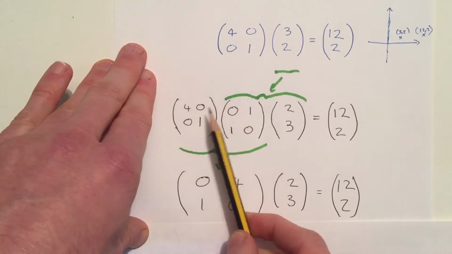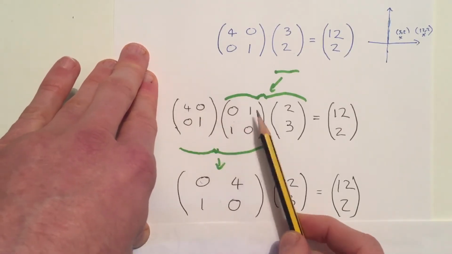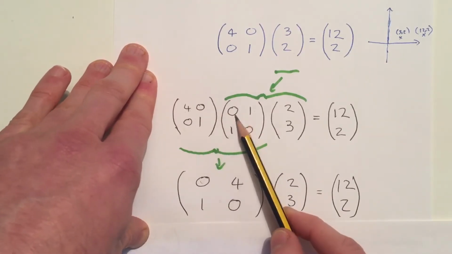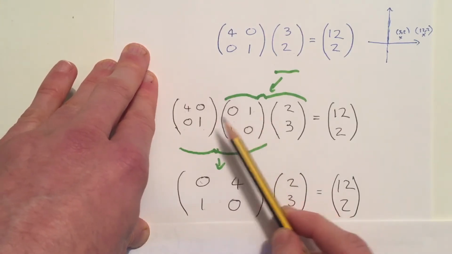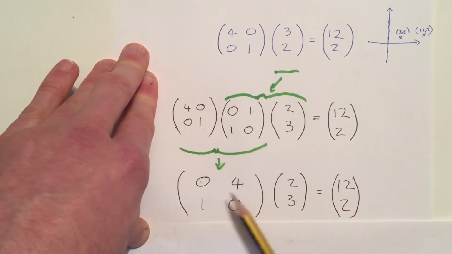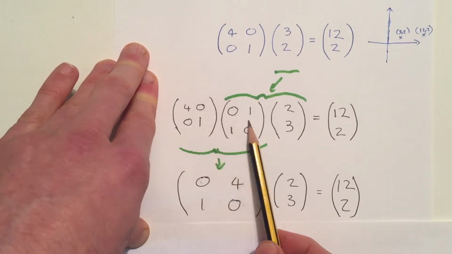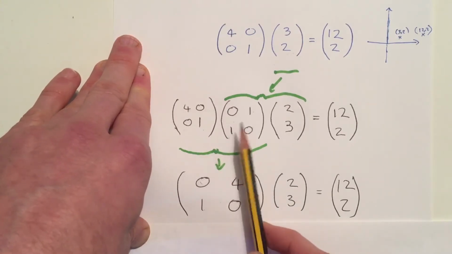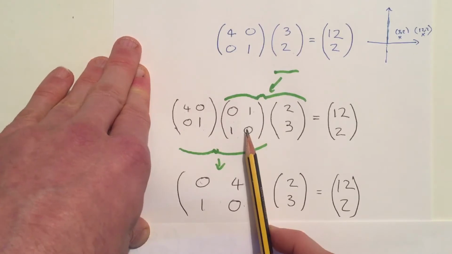4 times 0 plus 0 times 1 is 0. 4 times 1 plus 0 times 0 is 4. 0 times 0 plus 1 times 1 is 1. 0 times 1 plus 1 times 0 is 0. So this represents the combination of those 2 transformations. Remember, this represented the reflection in the line y = x that we did first.